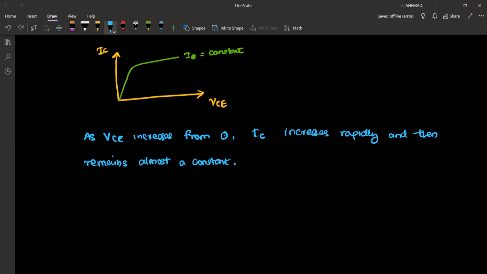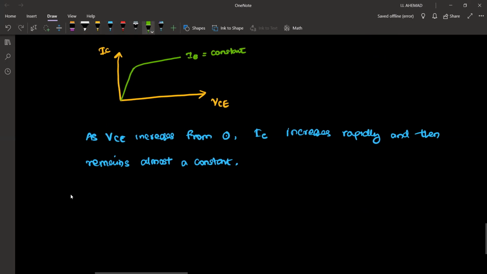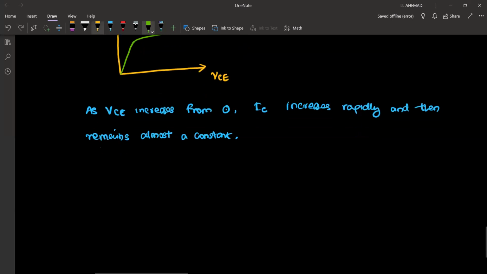Now, this graph is drawn only for a single IB current. If we draw the same graph for multiple IB currents, we get a graph like this.